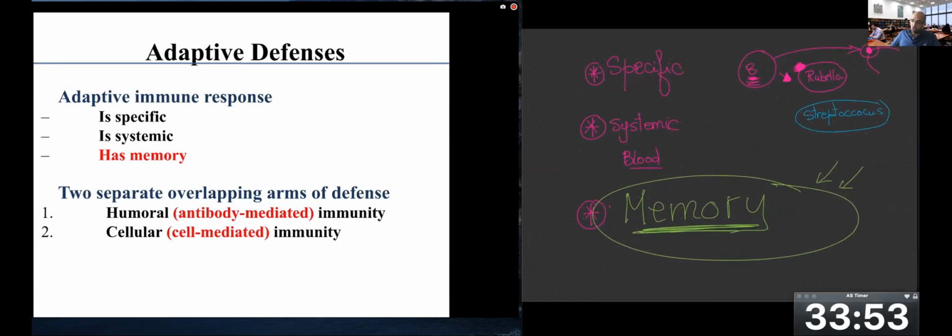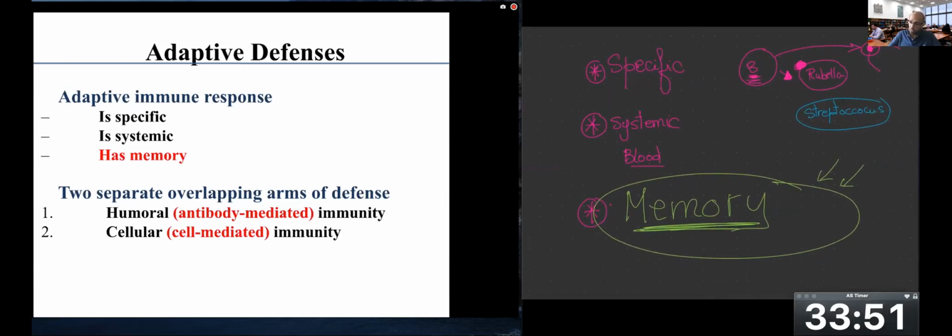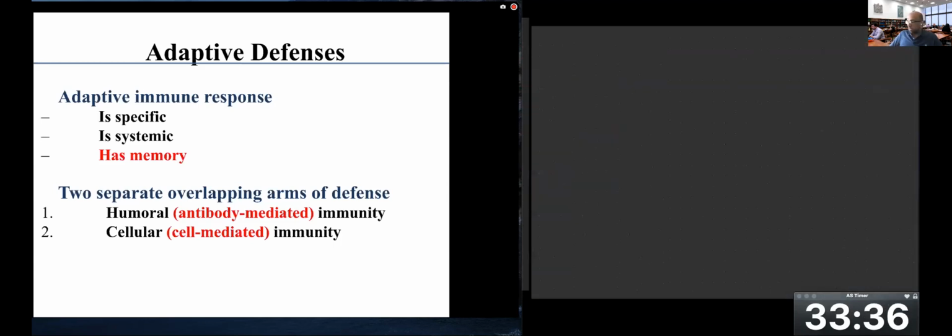Again, three features that we're looking at today for the adaptive immunity. First, the adaptive immunity is going to be specific, is going to be systemic, and it creates a memory. Again, two wings of the bird. Remember, two wings of my adaptive immune system. The bird here has two wings.